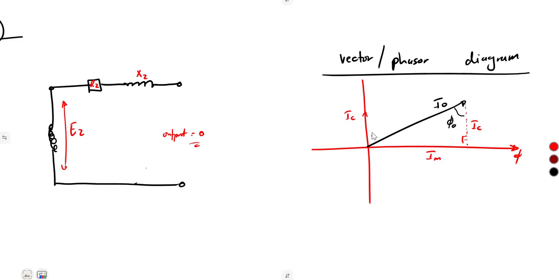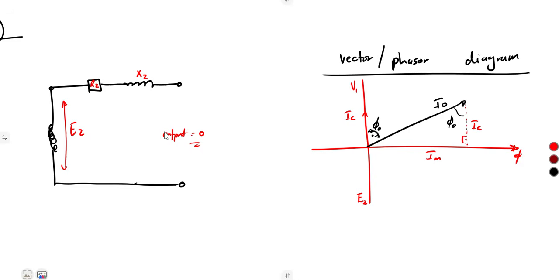This is the same as the angle that is also found here. Take note where we have this angle. The vertical is going to carry the voltages, the normal voltage V1 and the EMF, which is E2.